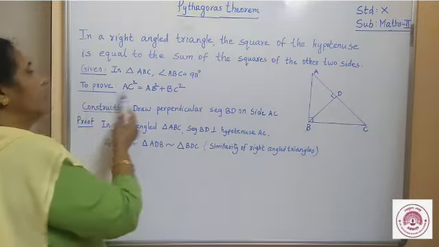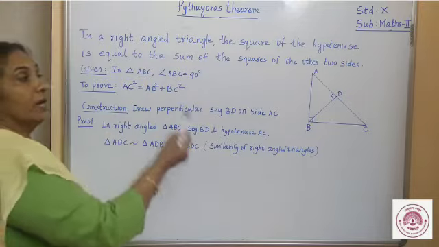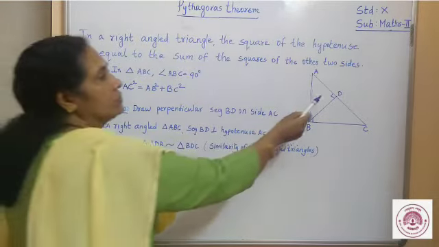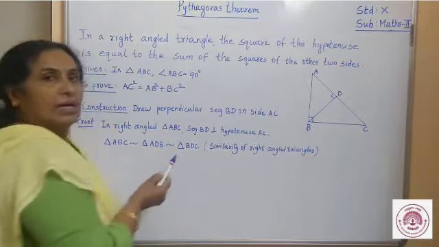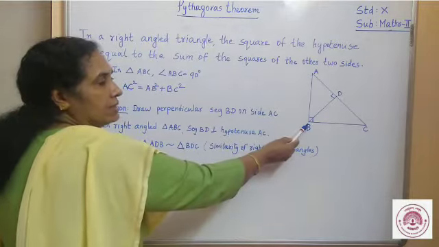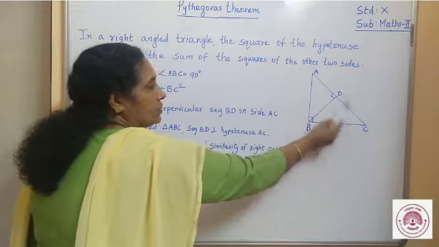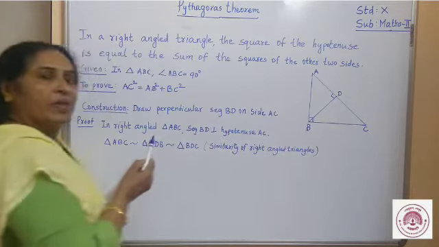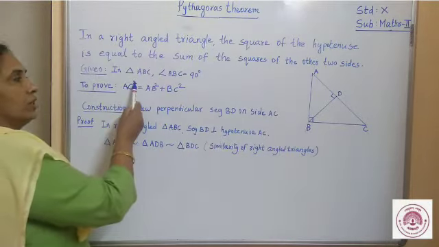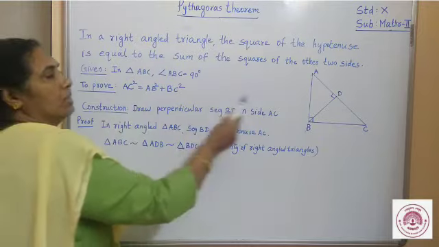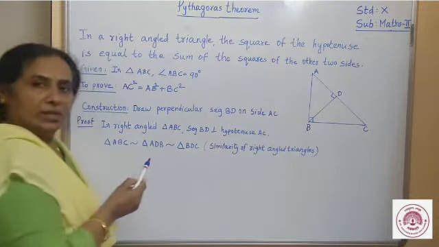What we have to prove? The square of the hypotenuse. Which is the hypotenuse? The side opposite to the right angle. Here angle B is the right angle, so the side opposite to it is side AC, which is the hypotenuse. So we have to prove AC square, hypotenuse square, is equal to the sum of the squares of the other two sides.